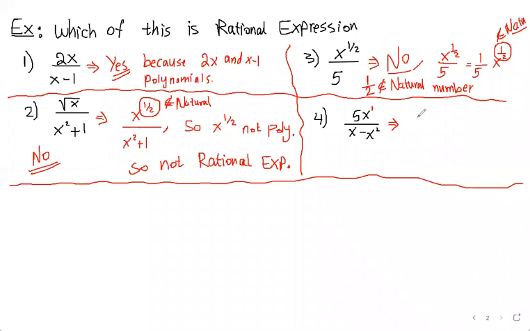So here, yes, it is a rational expression. It's 5x and x. Yes, that's true. This is right. Any questions so far?